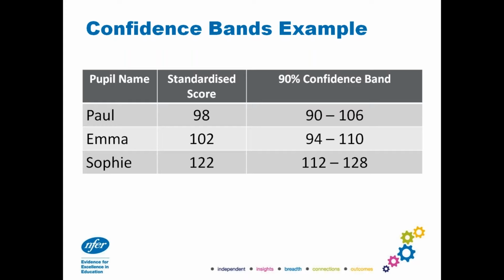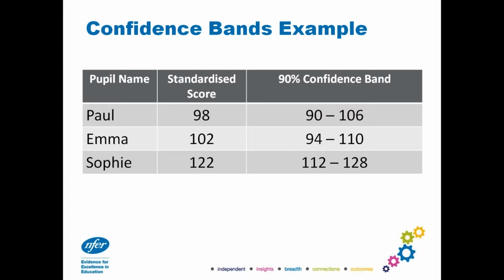However, we'd want to know whether 102 is a significantly higher score than 98. So we work out the confidence band for Emma, and we know with 90% confidence that her score lies between 94 and 110. You can see that the confidence bands overlap for Paul and Emma, and there's no statistical difference between their scores.